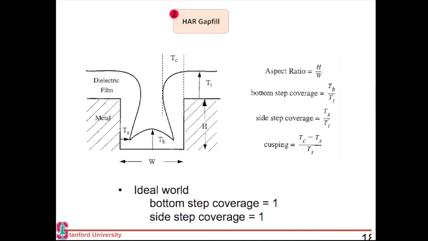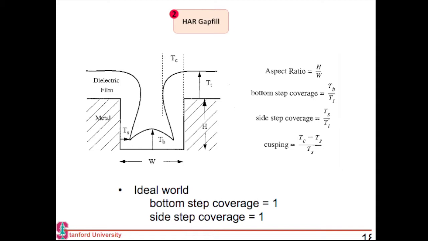The two important parameters which describe how good I am at filling them are what I call the bottom step coverage and the side step coverage. The bottom step coverage means how thick I deposit at the bottom divided by how thick I deposit at the top.